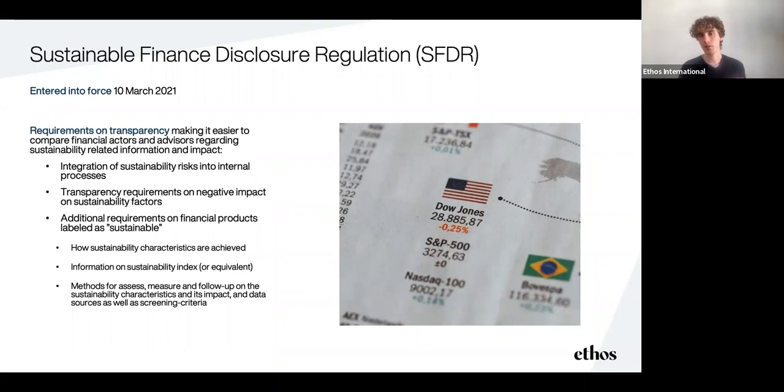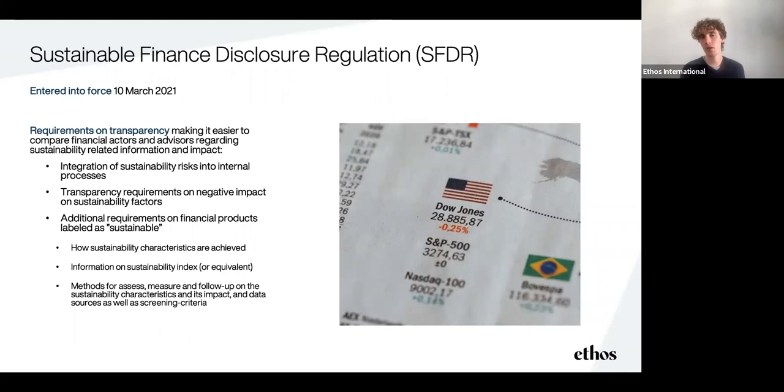To summarize, financial market participants must disclose whether they consider sustainability risks material to the future valuation of a stock or an asset. If they do not consider sustainability risks material, they must also disclose why they don't consider them material. This also goes for principal adverse impact.